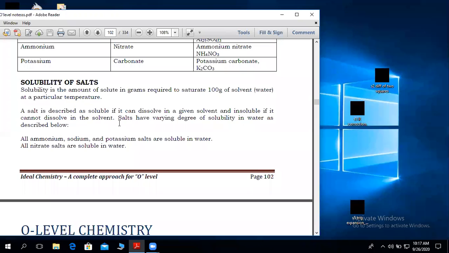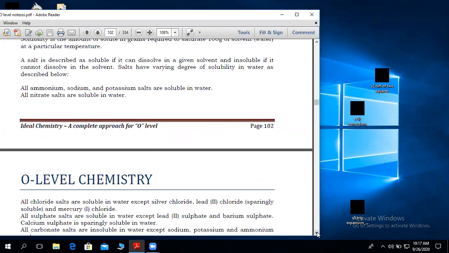We said a solute is described as soluble or insoluble. A soluble solute is a solute that dissolves in water, and an insoluble solute is a solute that does not dissolve in water. From there, we looked at these solubility rules.